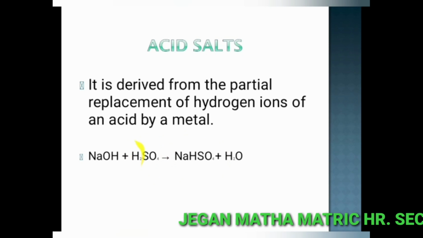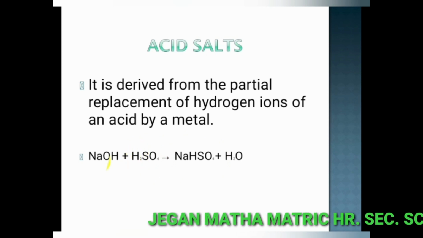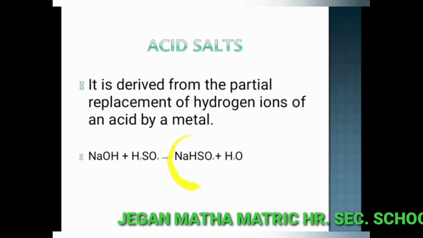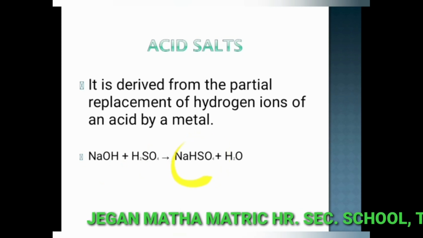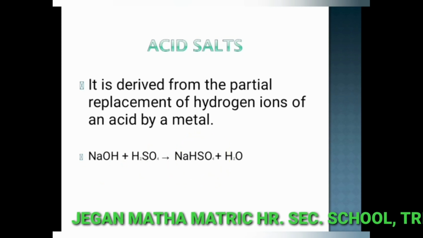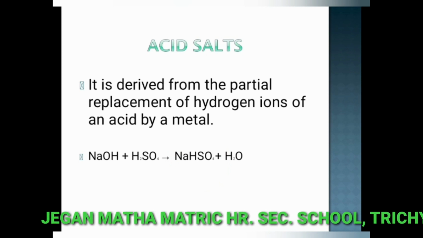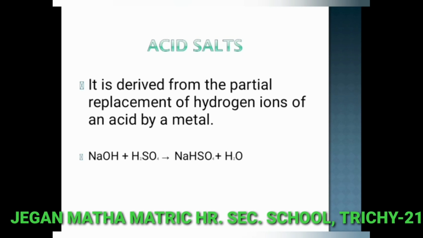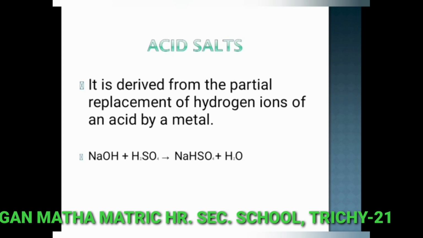Acid contains 2 hydrogen ions, but only 1 hydrogen ion combines with sodium metal to form sodium hydrogen sulfate salt. So it is an example of acid salt. When a calculated amount of a base is added to a polybasic acid, acid salt is obtained.